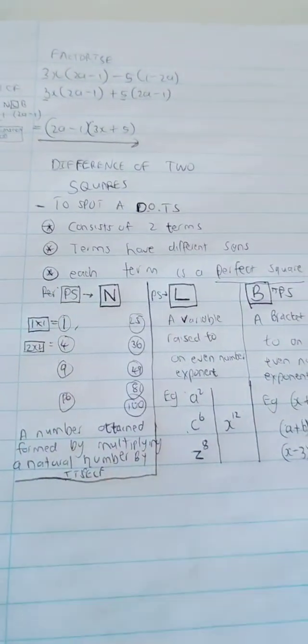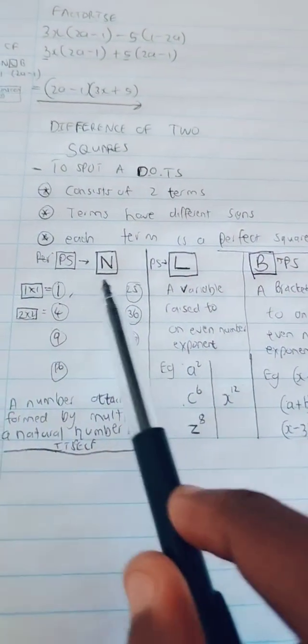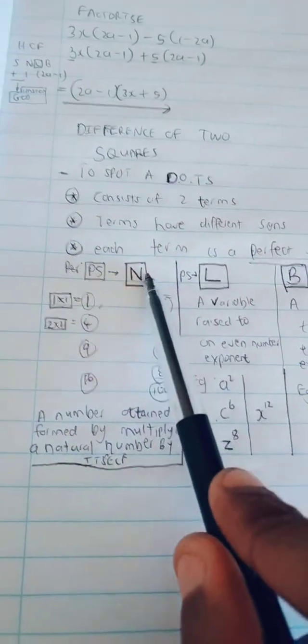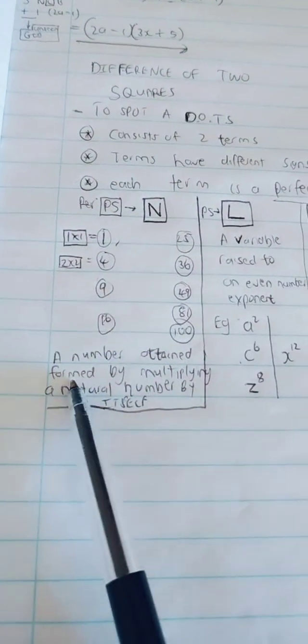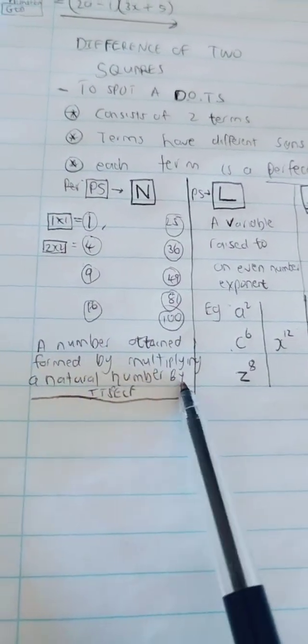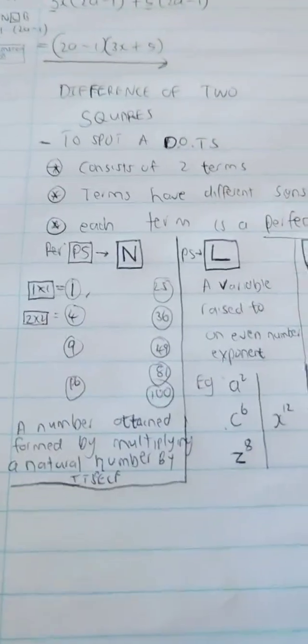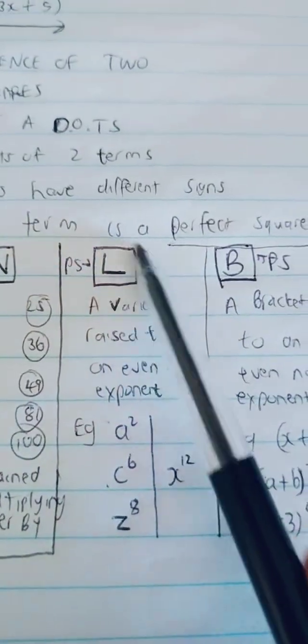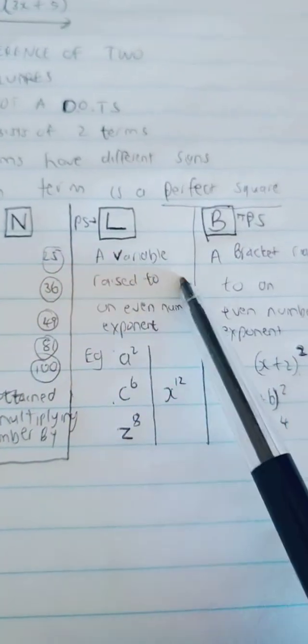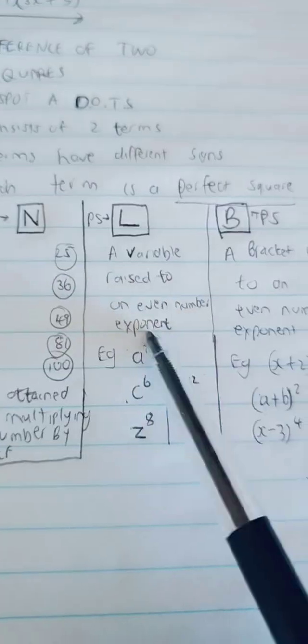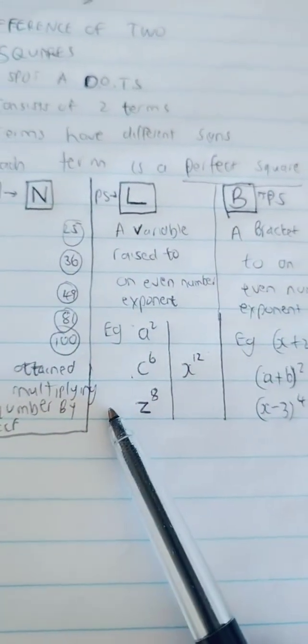And now I've just given you an idea that a perfect square number is simply a number attained or formed by multiplying a natural number by itself. And I've given you examples of perfect square numbers. A perfect square letter or variable is a variable raised to an even number exponent, like such.